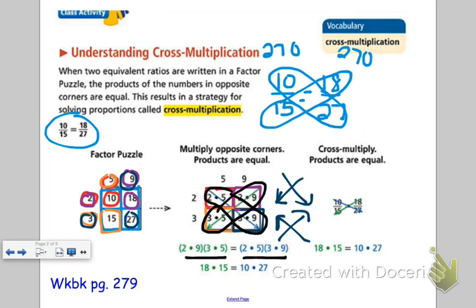It really doesn't matter what order you do it in, you're going to end up with the 18 times 15, which is going to give you the 270, and the 10 times 27, which is going to give you the 270. And that's what's happening over here. They cross multiplied. 15 times 18 and 10 times 27. Both of them giving you 270.